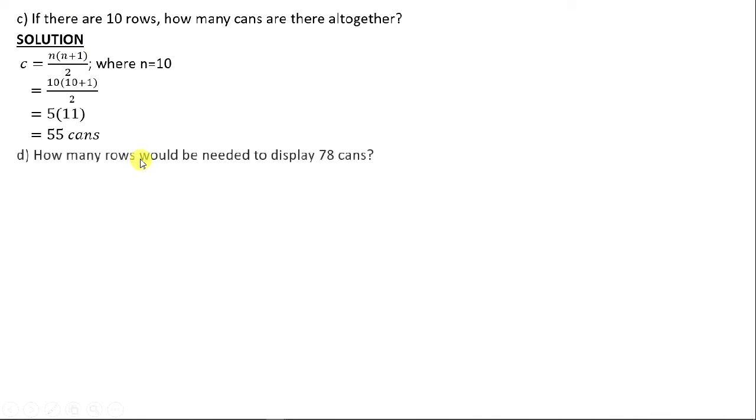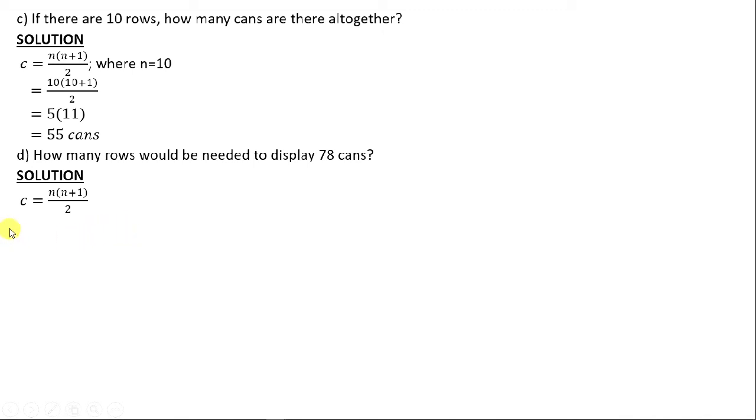We continue. How many rows would be needed to display 78 canes? So for part C, they wanted us to find the number of canes. For part D, they want us to find the number of rows. So we are going to take it step by step.